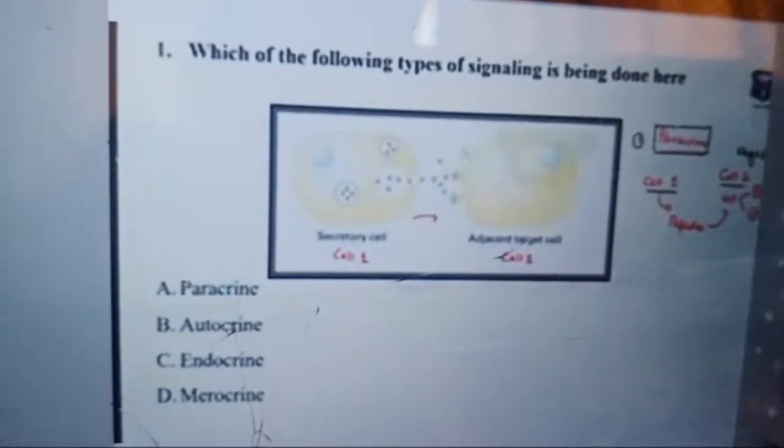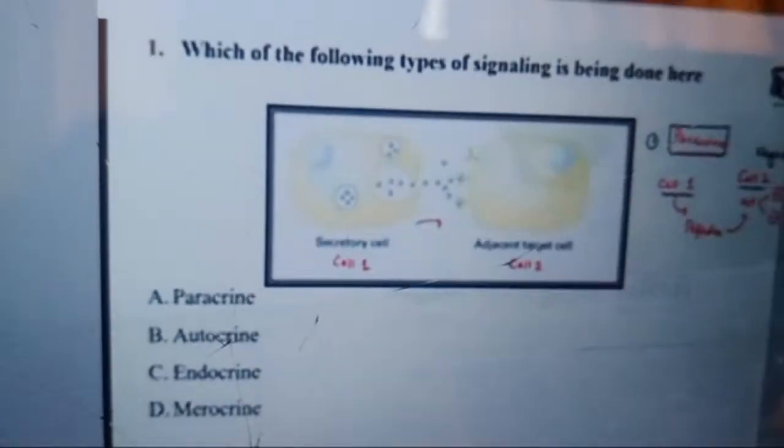Autocrine is sending messages to nearby organs, and those organs have their own glands, but here it doesn't seem so. The merocrine also can't be there, so the answer here is paracrine.